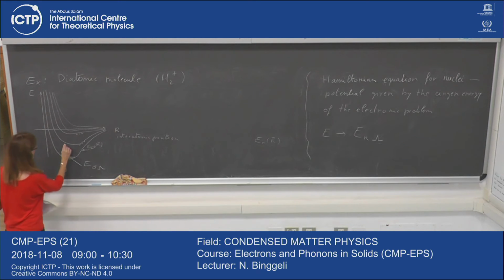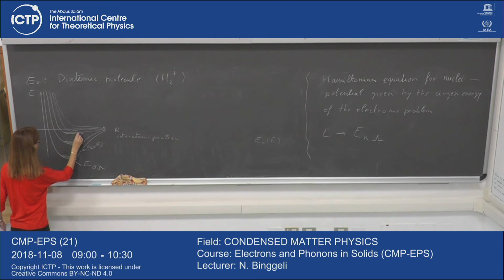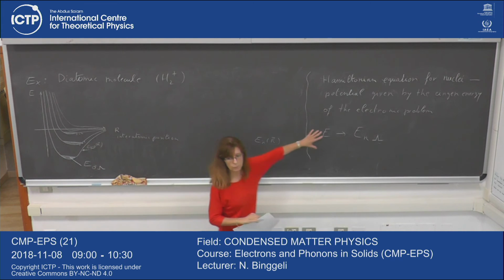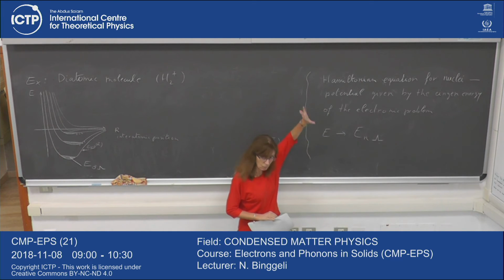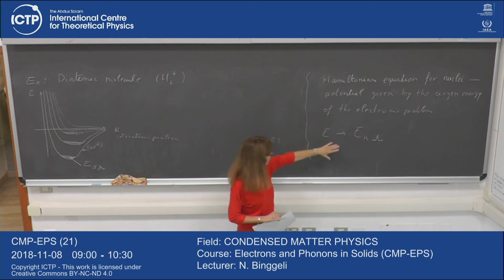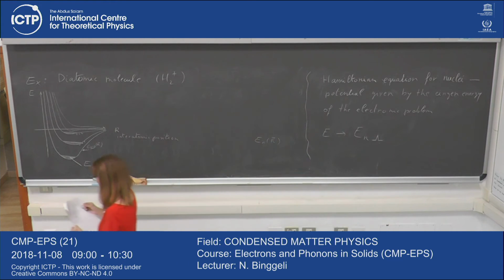The same can be done for n equal 1, where one will obtain a series of levels here, and further also for the next potential. So in principle, this is what one will get for the full problem to get this energy for the overall Hamiltonian, nuclei plus electron.